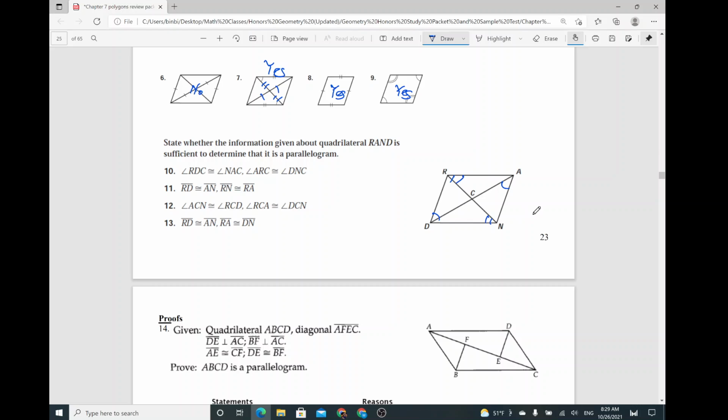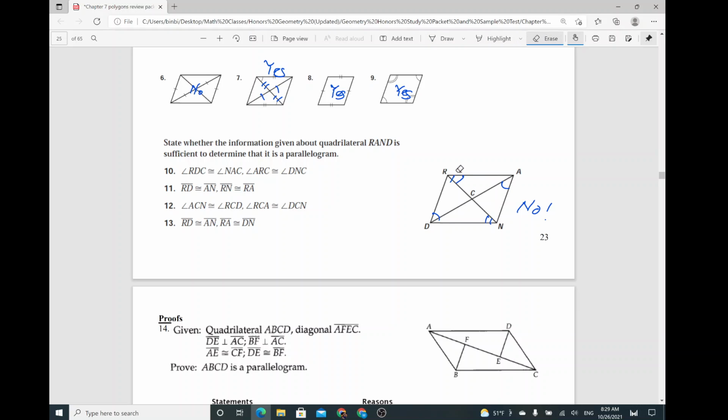In order to prove this one, we would need congruent triangles. So technically this one is not enough information. It's just showing alternate interior angles, saying those two lines have a transversal. So this one, no.